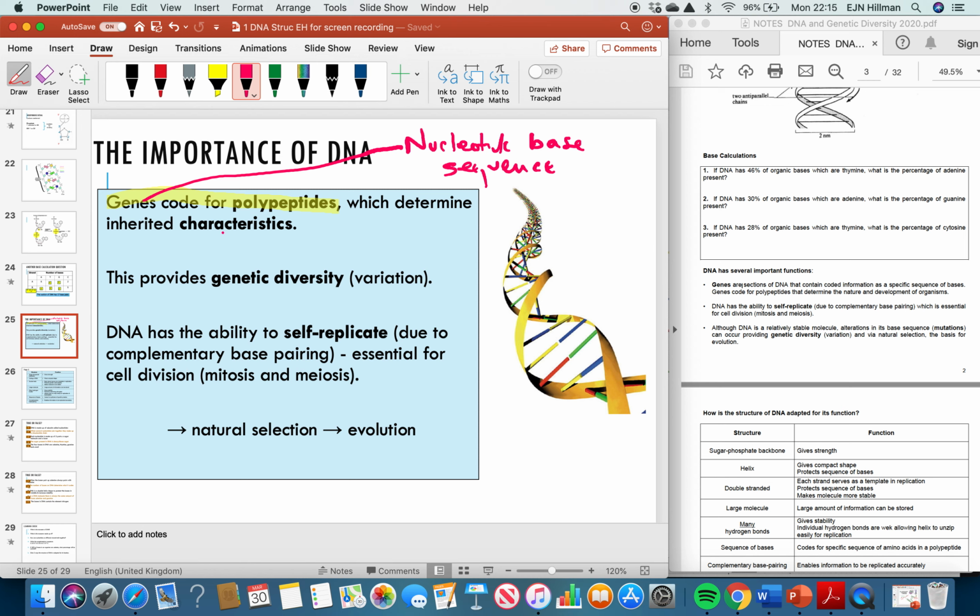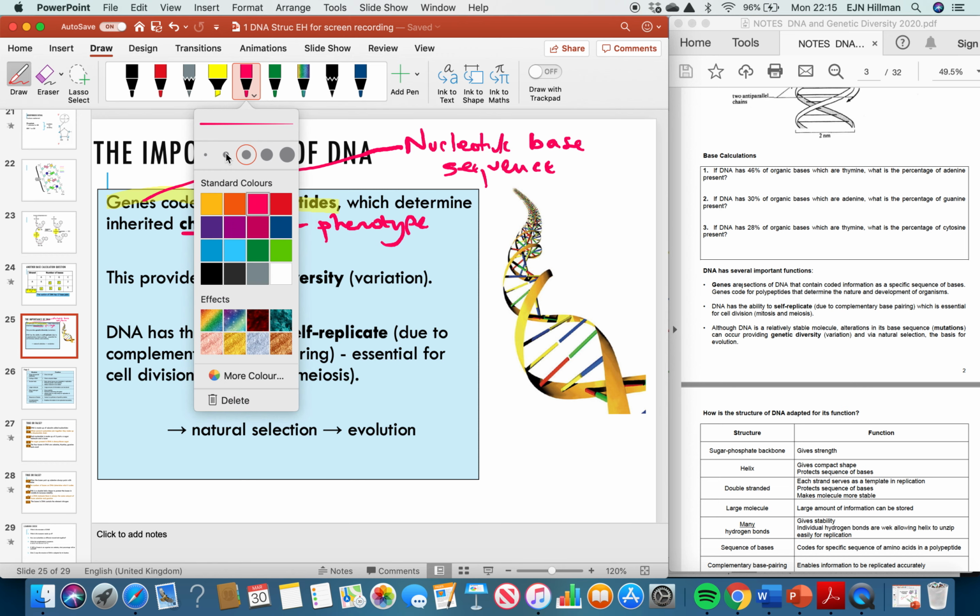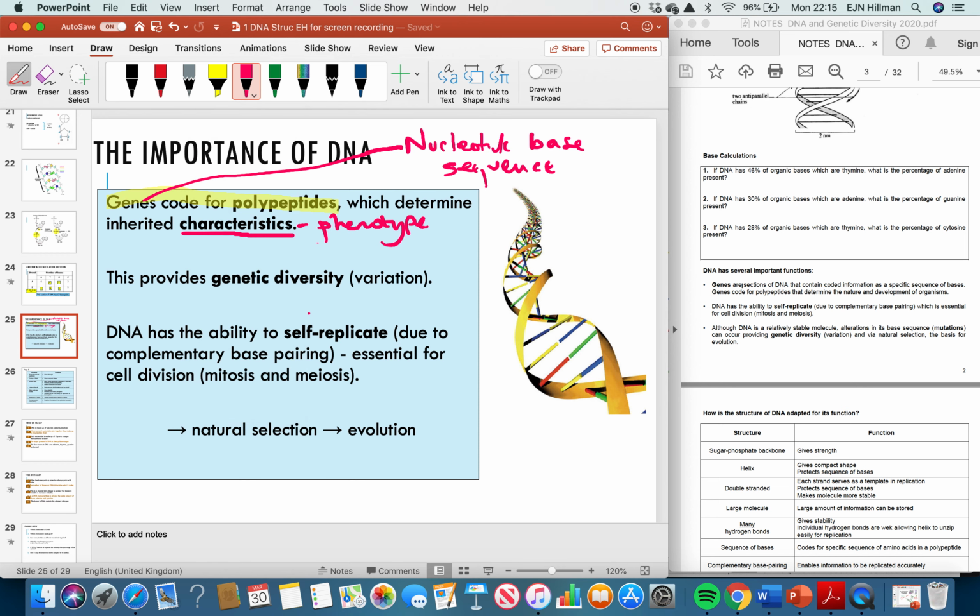They determine inherited characteristics. By characteristics, perhaps a better term to use there is a phenotype. A phenotype is the visible expression of a gene. So it's the genotype, i.e. the genes that are being expressed, plus the influence of the environment. And that's what provides these characteristics.